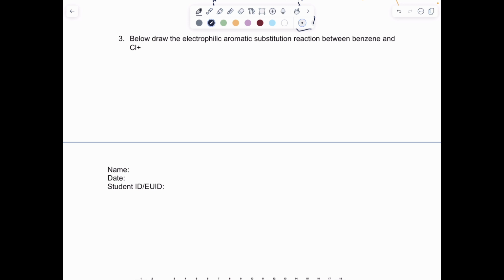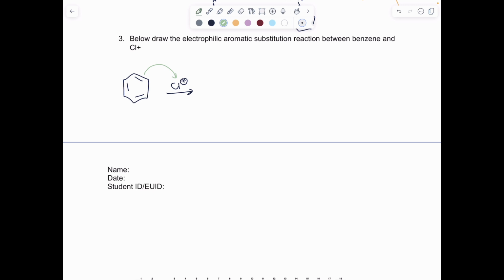Question 3 says, below draw the electrophilic aromatic substitution reaction between benzene and Cl+. So for this mechanism, benzene and Cl+, for the mechanism, one of the doubles is going to come out and attack the chlorine, which is an electrophile.